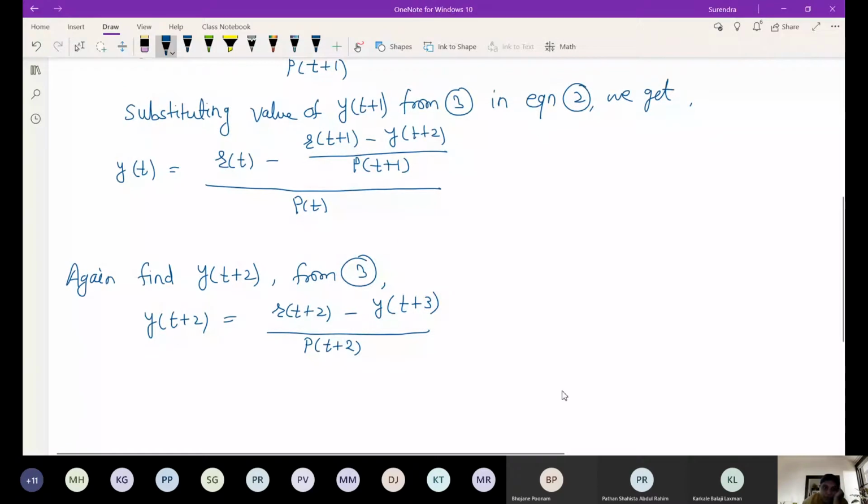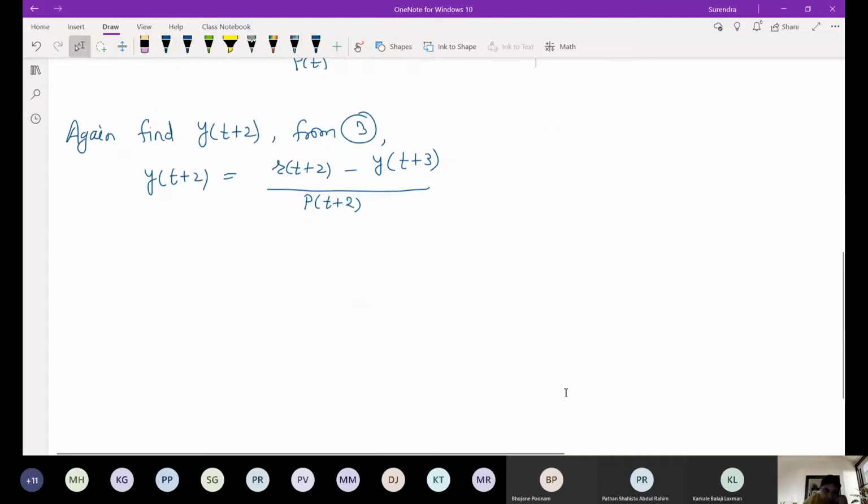Now again substituting the value of y at t plus 2 in 4, what do we get?